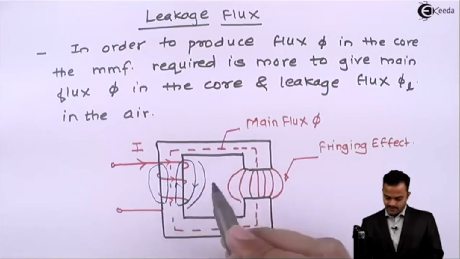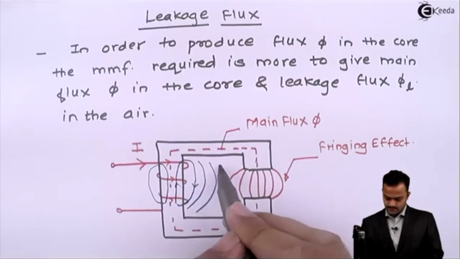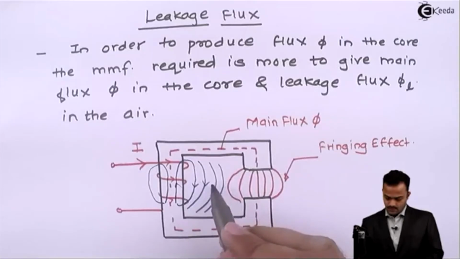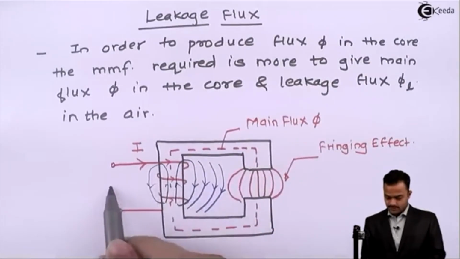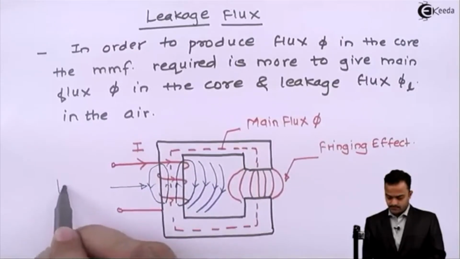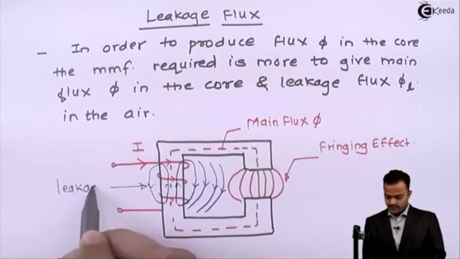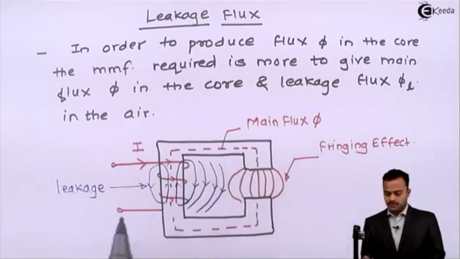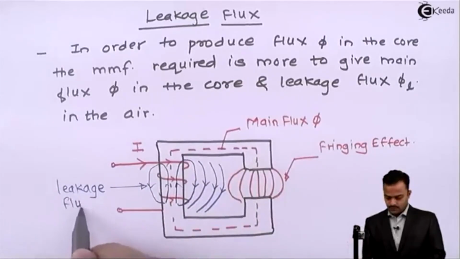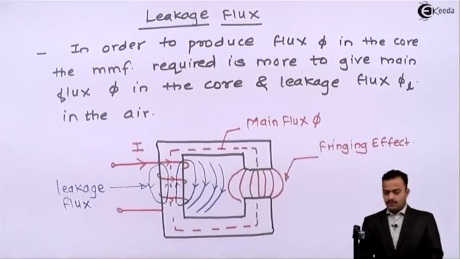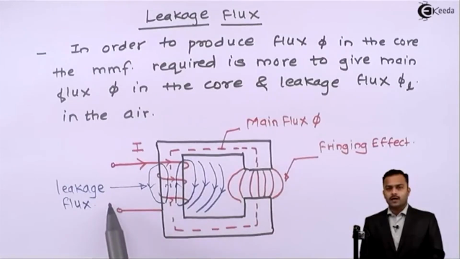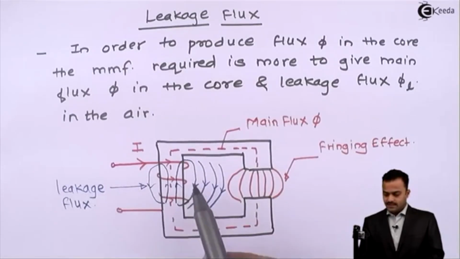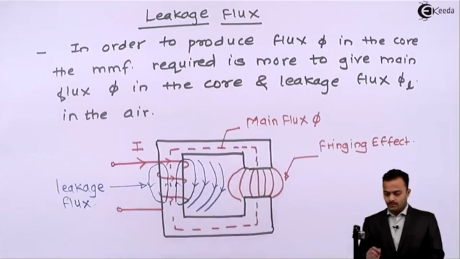So maybe you will get several lines like this, and all these lines are called leakage flux because this flux is not passing through the core. Hence, in order to give the main flux in the core, the MMF required should consider leakage flux also.